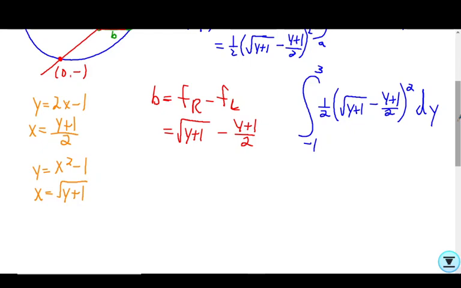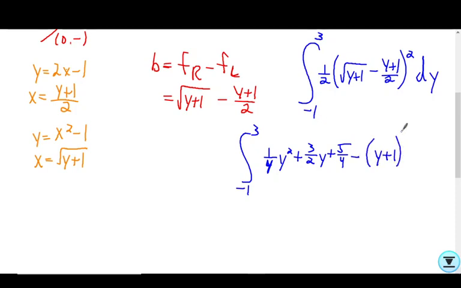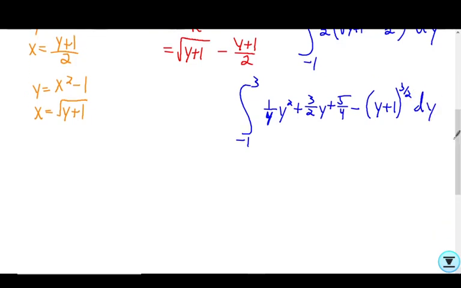The hardest part about this is going to be FOILing all of this out. So once you FOIL all this out, you get the integral from -1 to 3. Remember, you got to FOIL everything, add up like terms, so you get 1/4 y squared plus 3/2 y plus 5 over 4 minus (y plus 1) to the 3/2 power dy. Okay?